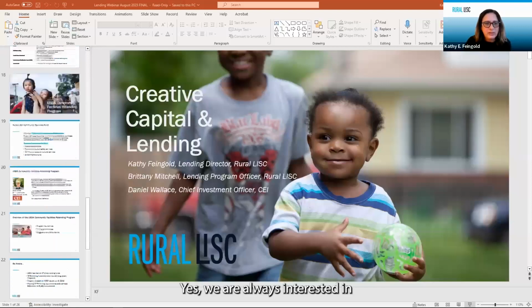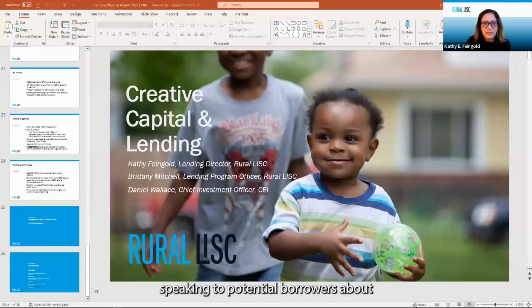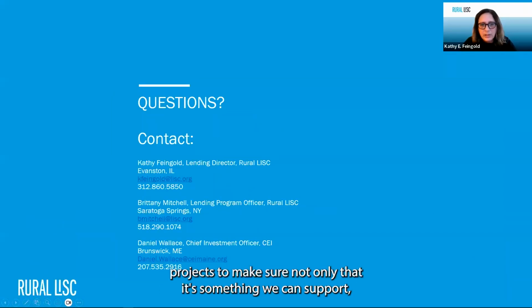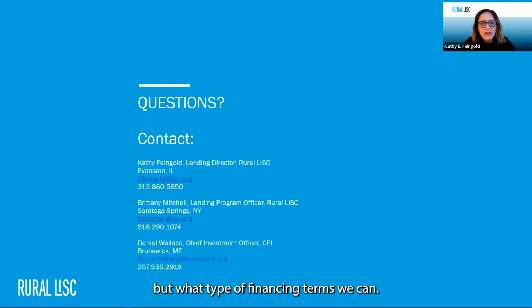Yes, we are always interested in speaking to potential borrowers about projects to make sure not only that it's something we can support, but what type of financing terms we can provide.